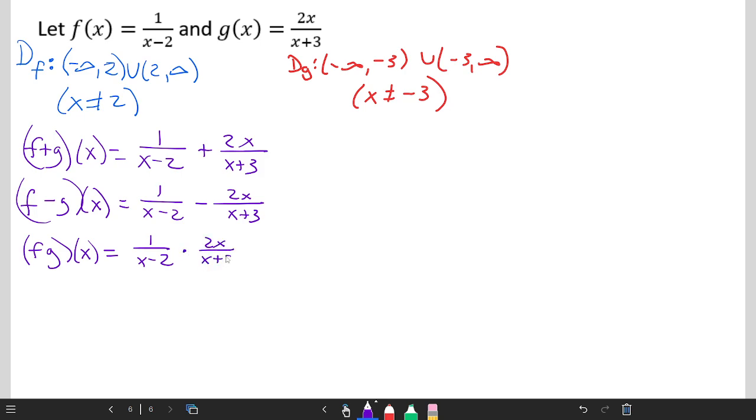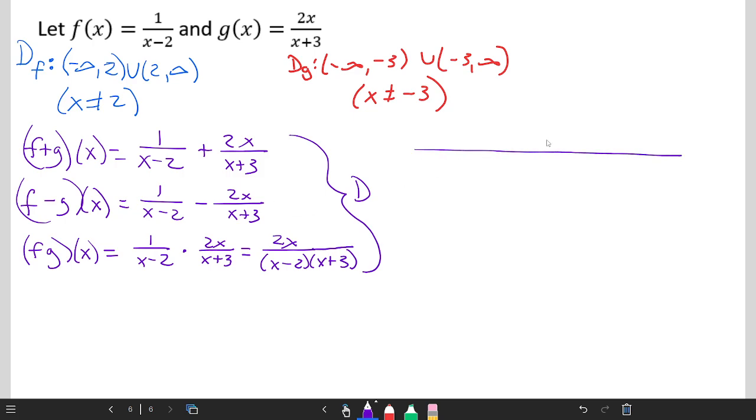And so you could do that multiplication. That's not too terrible. You do 1 times 2x on the top, and then x minus 2 times x plus 3 on the bottom. I would leave that denominator factored because it's going to be helpful for everything else we're about to do. Because now we want to consider the domain of these. So the domain of these, if you look at each one, you can't use 2 and you can't use -3 now for the denominator.